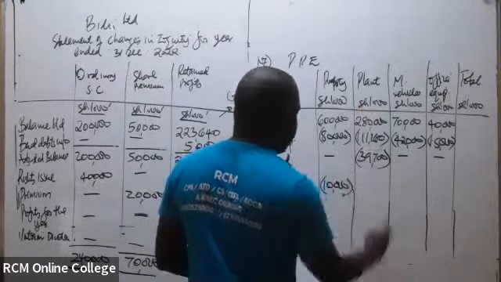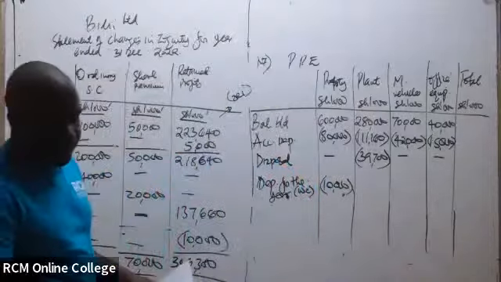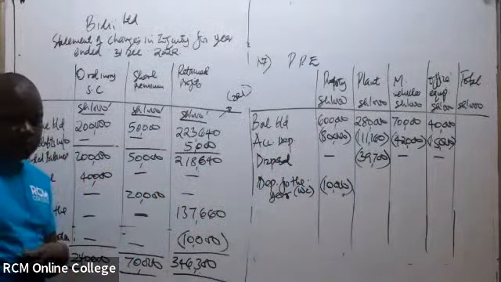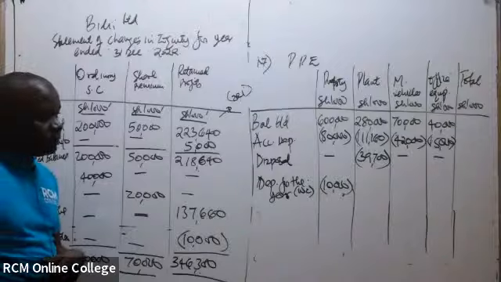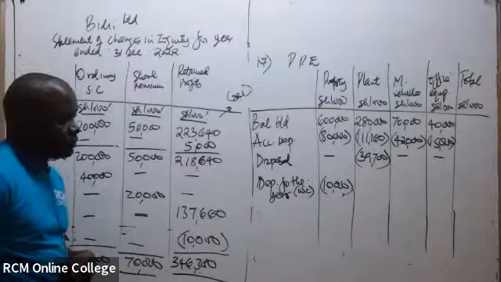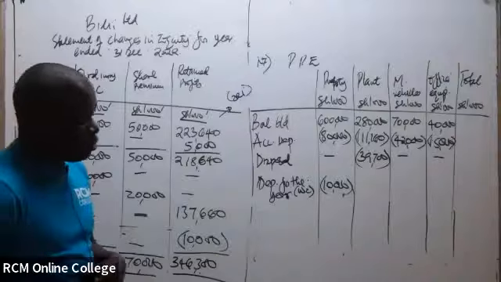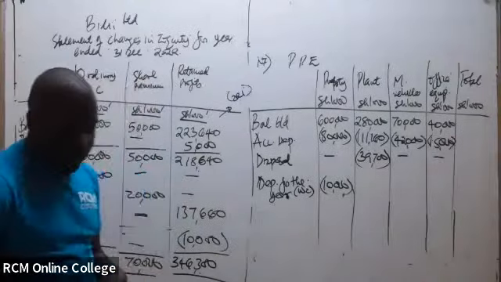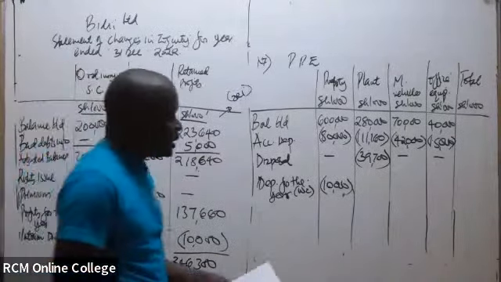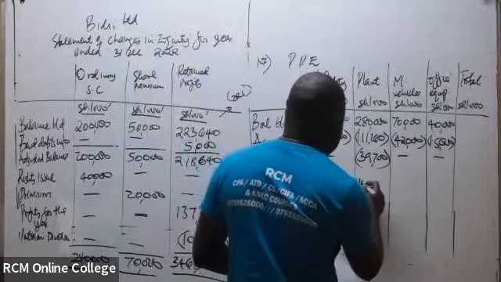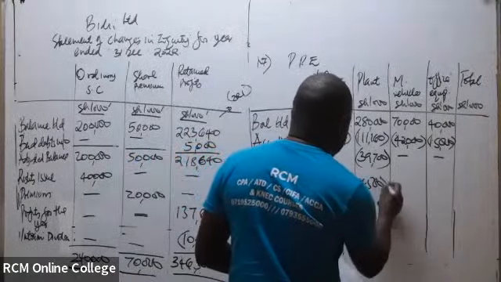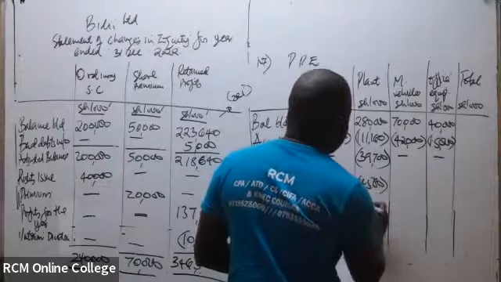What about plant? How much are we getting for plant? I think it was 14,500. What about for motor vehicles?